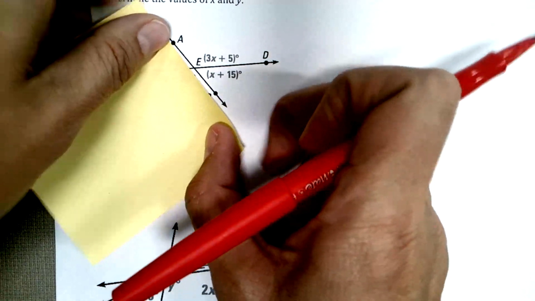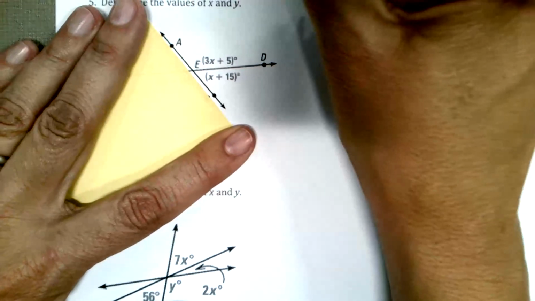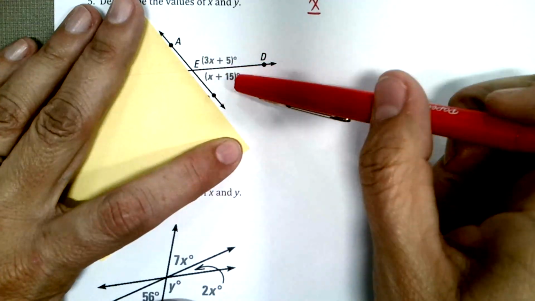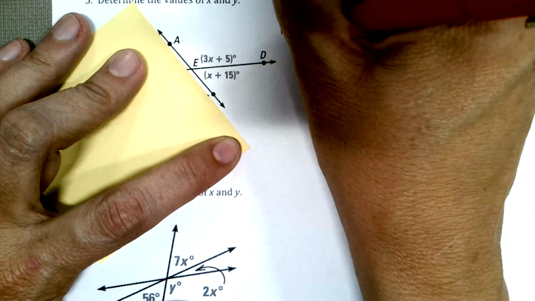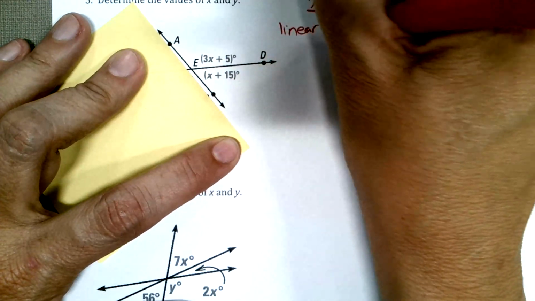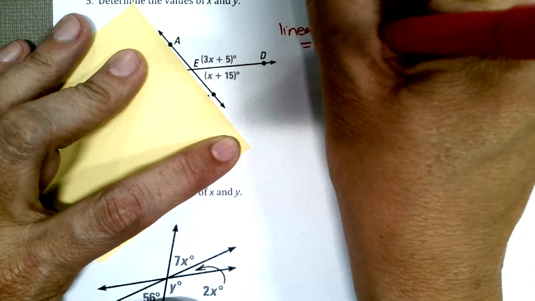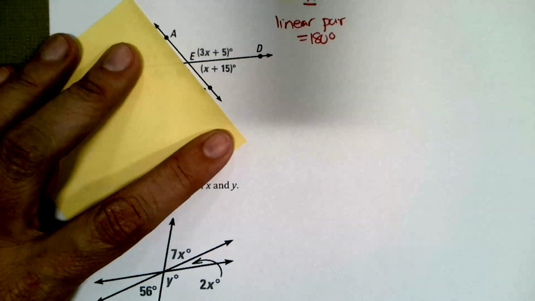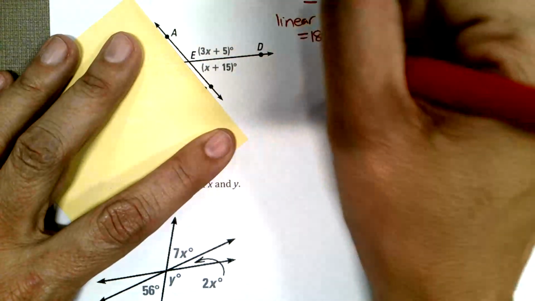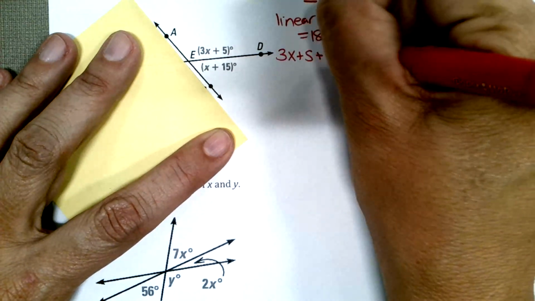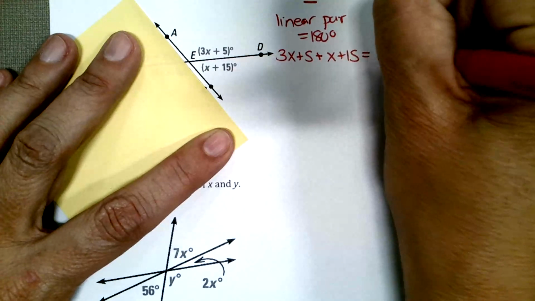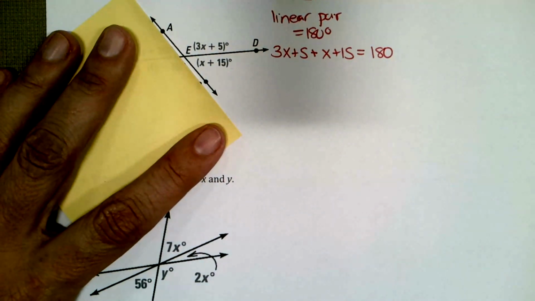If I cover this up, I have two angles that make a straight line. So I have a linear pair, and these have to add up to 180 degrees. So 3x plus 5 plus x plus 15 equals 180.